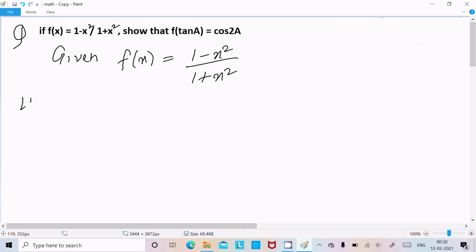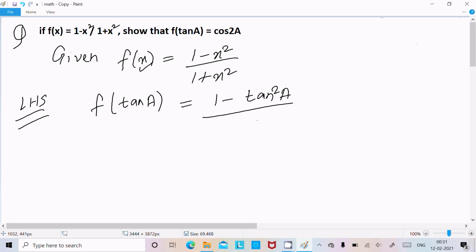So I'm going to take the LHS, and here f(tan A). Wherever x is there, we need to replace it by tan A. So here we can write (1 - tan²A)/(1 + tan²A).